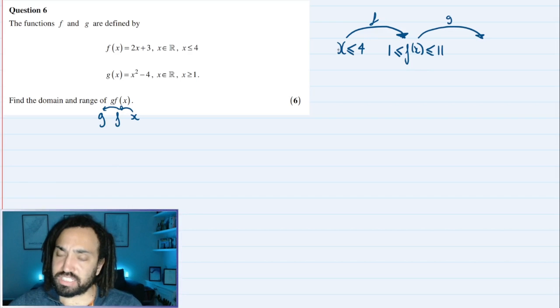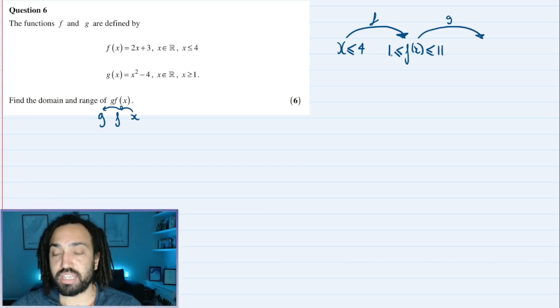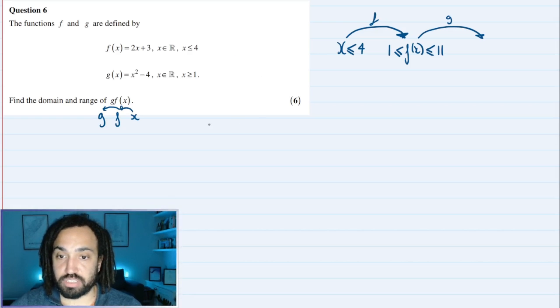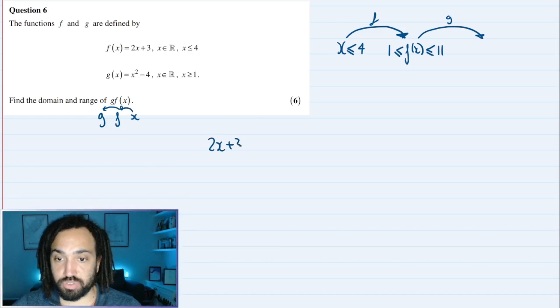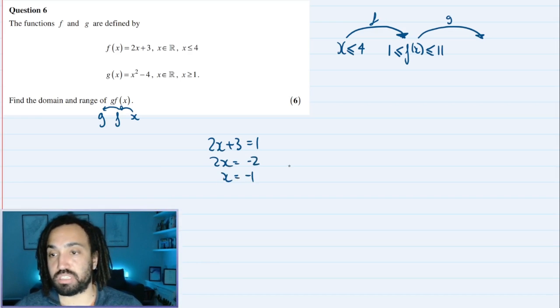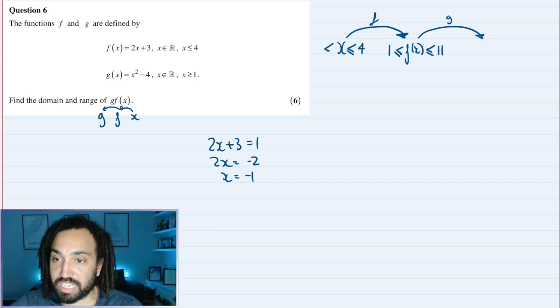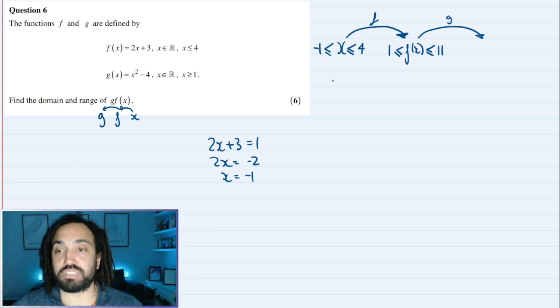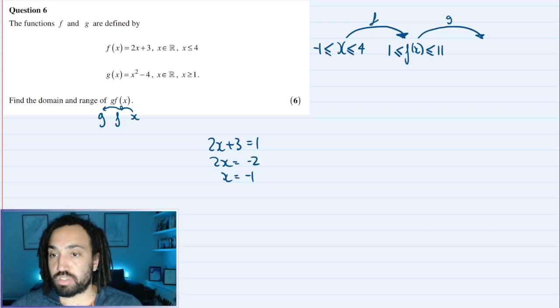So therefore, what x values, when I put them into f, give me 1? Well, f is, of course, 2x plus 3. So if I want it to equal 1, that tells me that x must be minus 1. Which means that x originally needs to be bounded so that it's greater than or equal to minus 1.